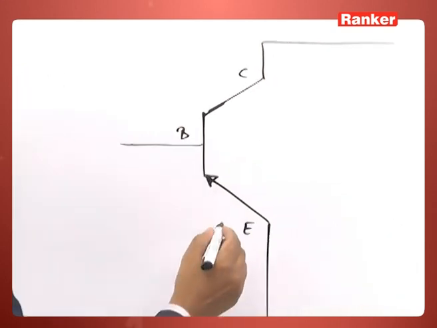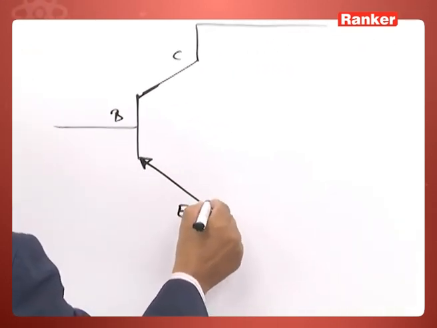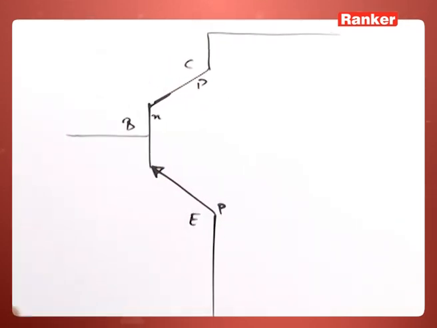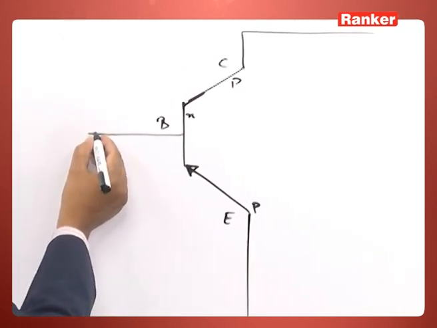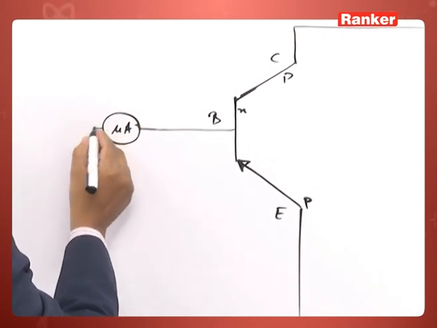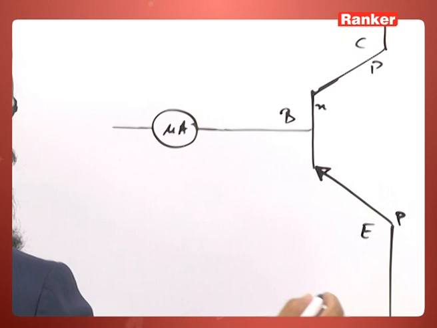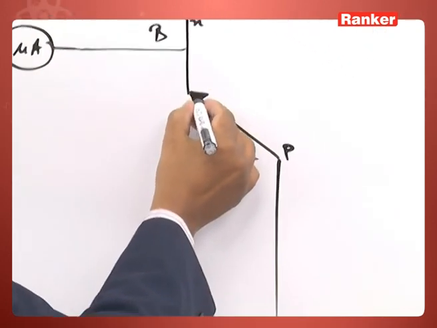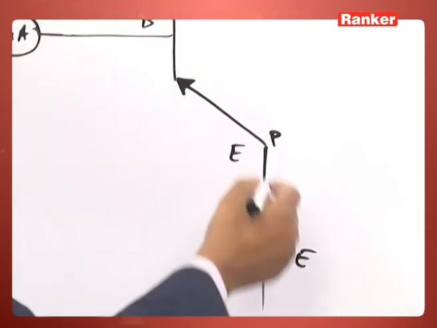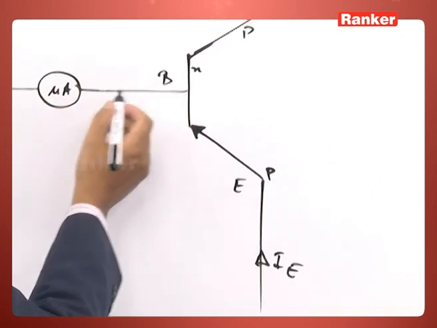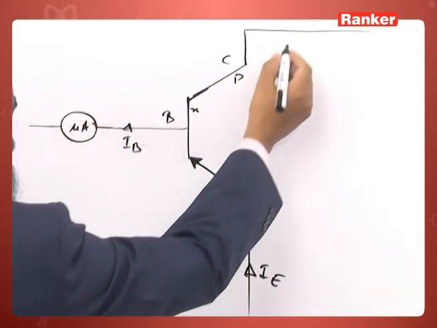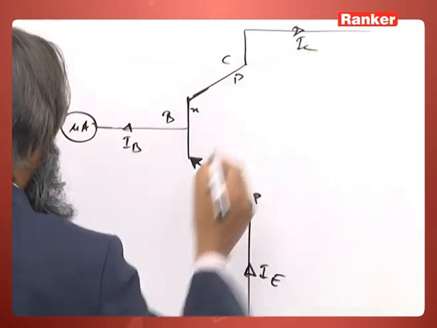This is a PNP type transistor. We keep here a micro ammeter to measure the base current. This arrow tells the direction of the current, this will give IE, and the current here is IB, and here you will get IC like this.